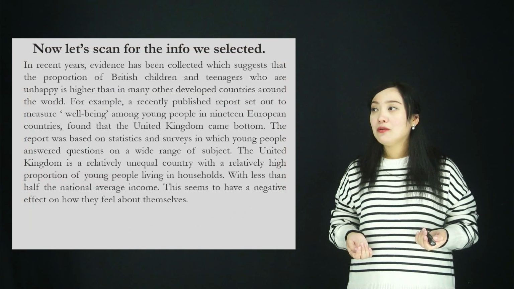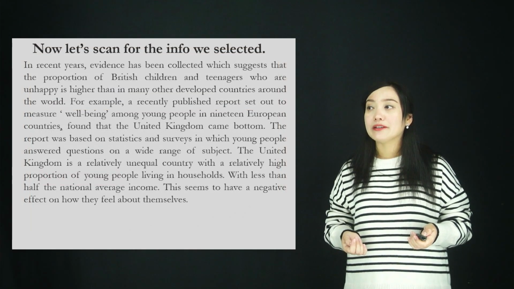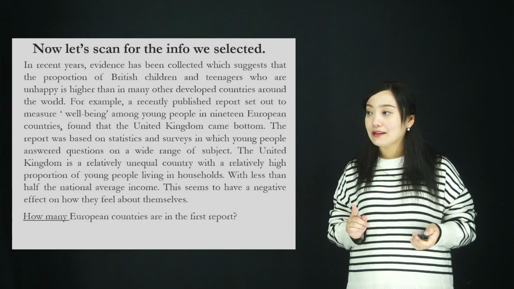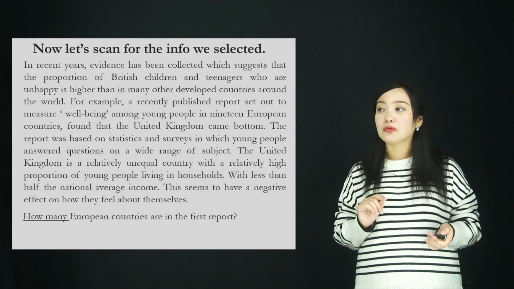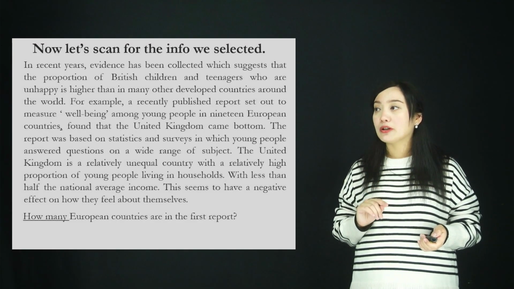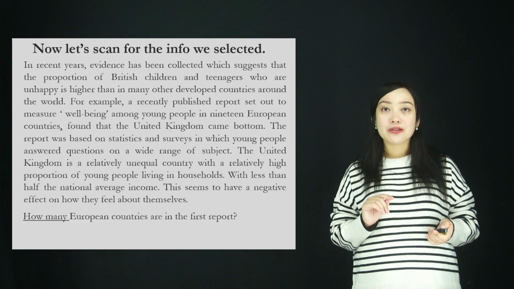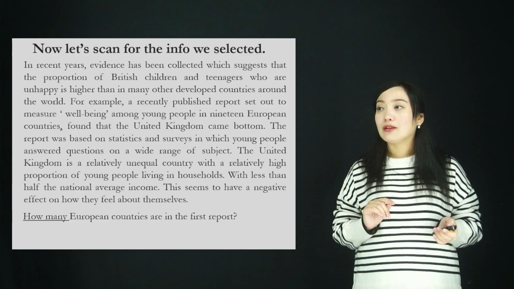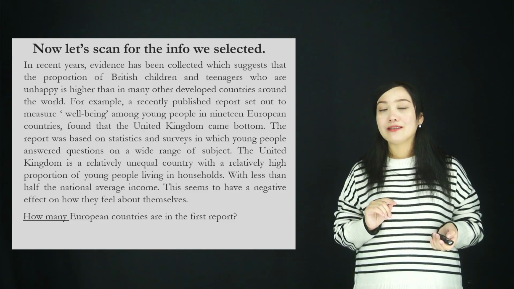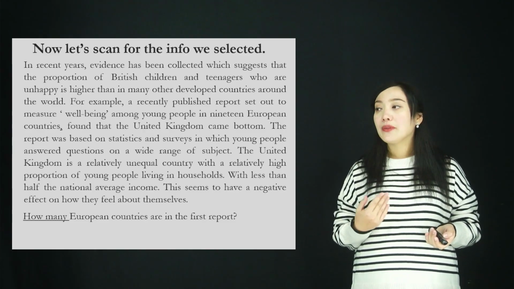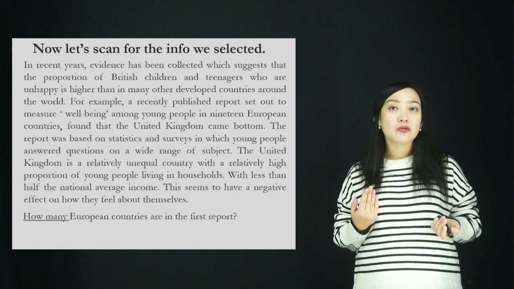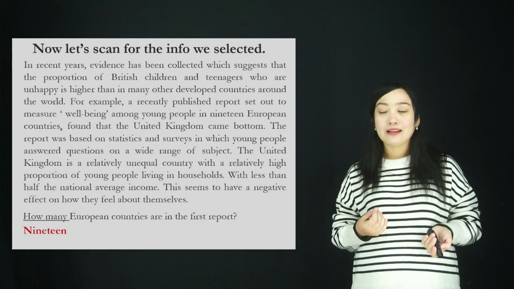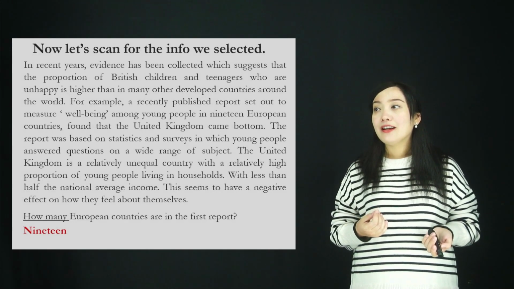So now let's scan for the information we select. The question is, how many European countries are in the first report? So you have time to read this passage and pay attention to the numbers, because how many is the keyword of the question. So the answer is 19.